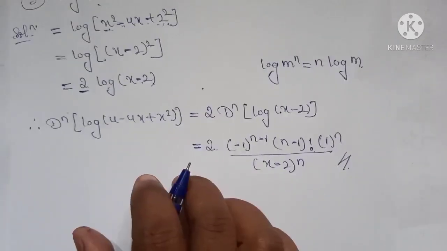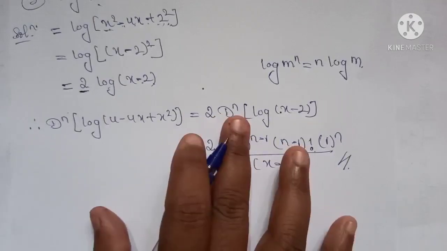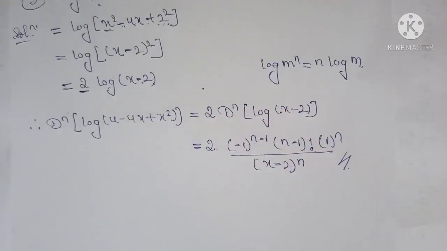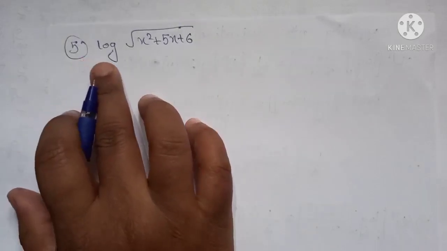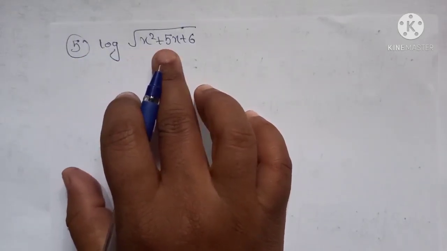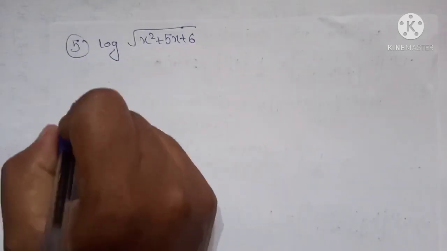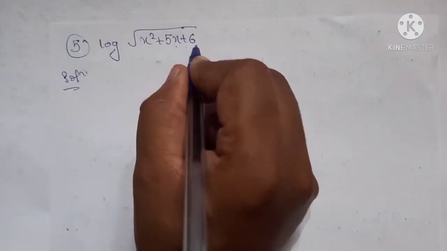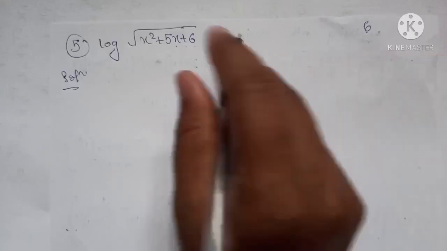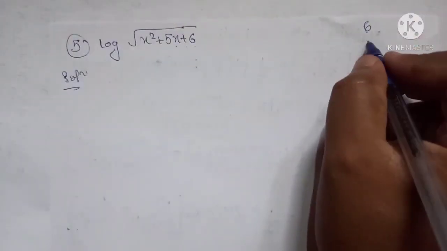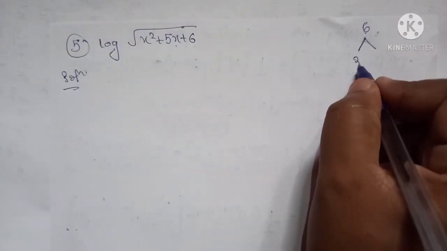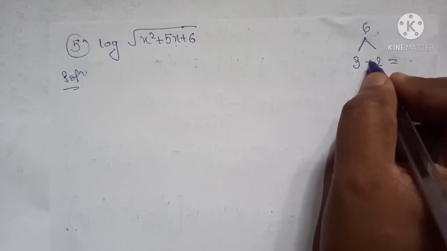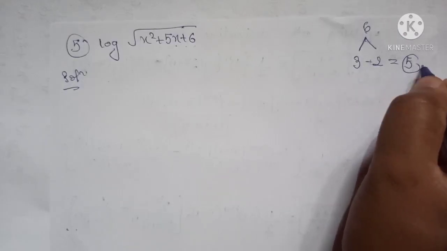So for each problem, better you write the formula. Okay, next problem, log of square root of (x square plus 5x plus 6). Here x square plus 5x plus 6 can be simplified by the factorization method, that is 6 can be factorized as 3 into 2, where 3 plus 2 is 5.